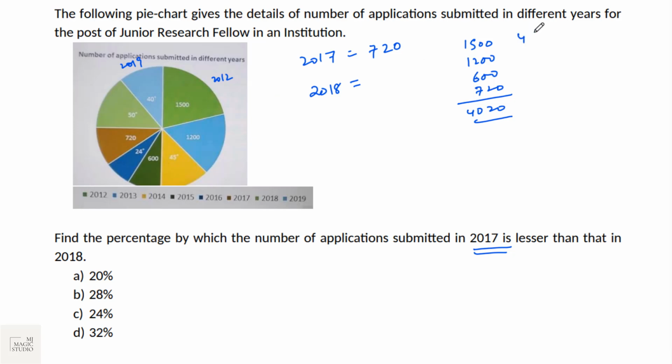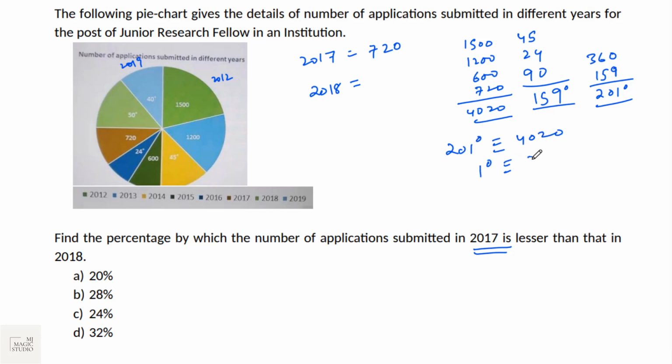And the angles we have 45, 24, 50, 40, 90. That is 159. So 360 minus 159 is 201 degrees. So 201 degrees represent 4020. That means 1 degree represents 20 units. 2018 is 50 degrees, so 50 degrees is 20 into 50, that is 1000.